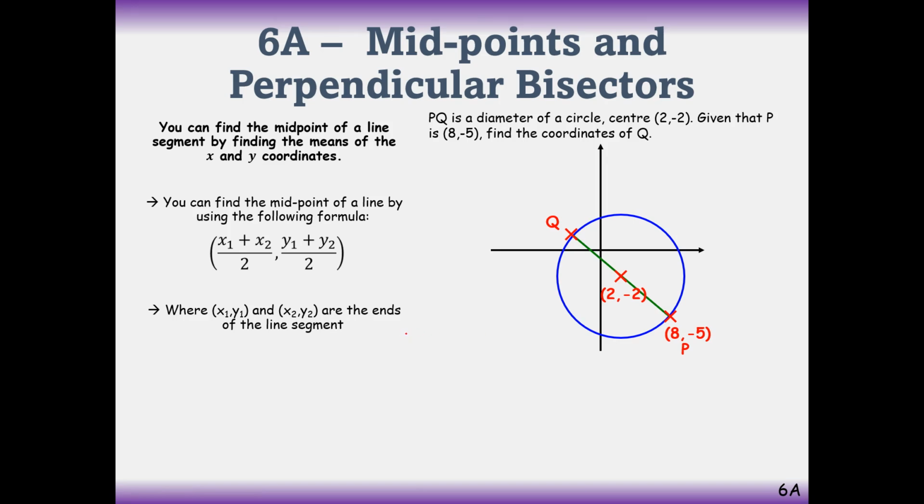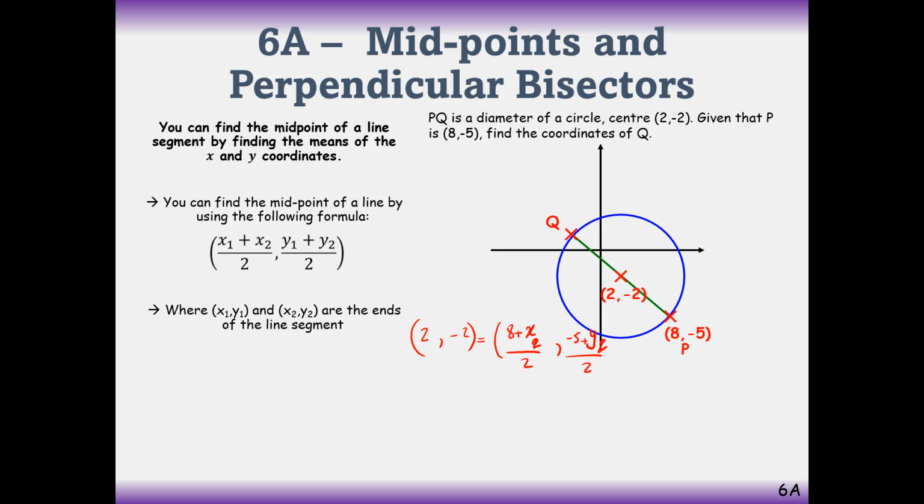What's the midpoint formula? We know that 2, minus 2 is the answer when we took the average of the coordinates. Let's call the coordinate of Q xq. So 8 plus xq over 2, and we know the y value for the midpoint is, let me put brackets around it so you don't confuse, minus 5 plus the y value of q divided by 2 is minus 2.